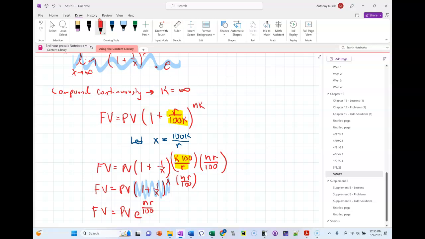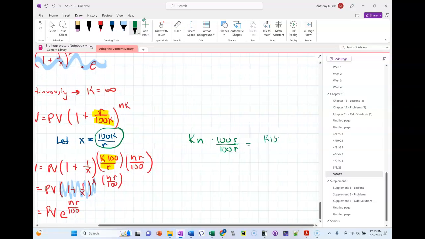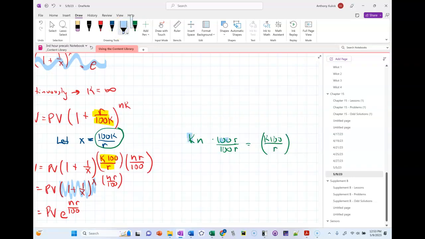Dwan? Yeah, so I had k times n, right? And I needed to make inside of it one of those. So I just multiplied that by 100 over r and then divided by 100 over r. And then I just rearranged this multiplication. So I had k times 100 over r. So I took this, and that, and put it together.